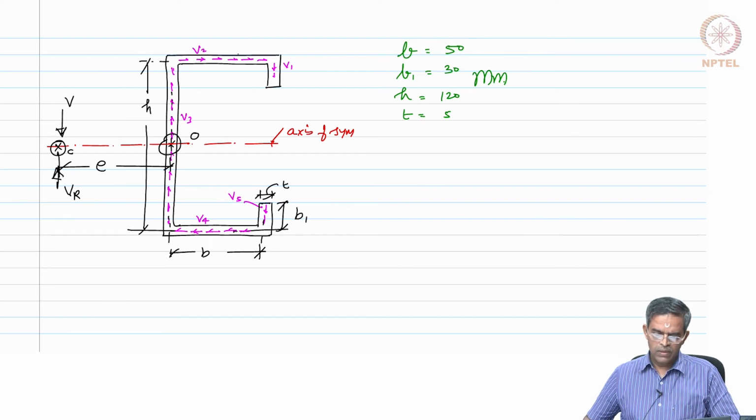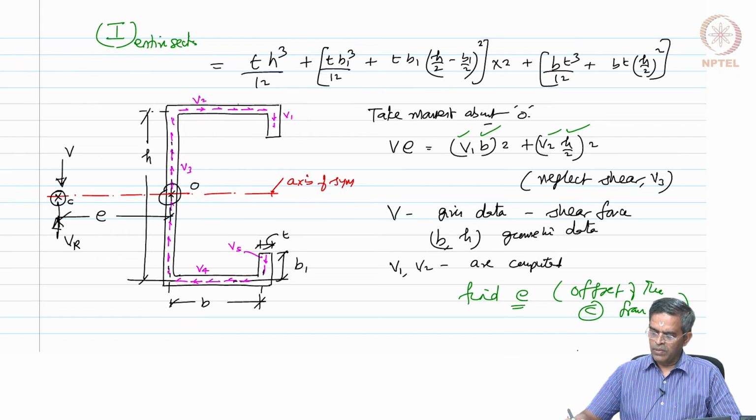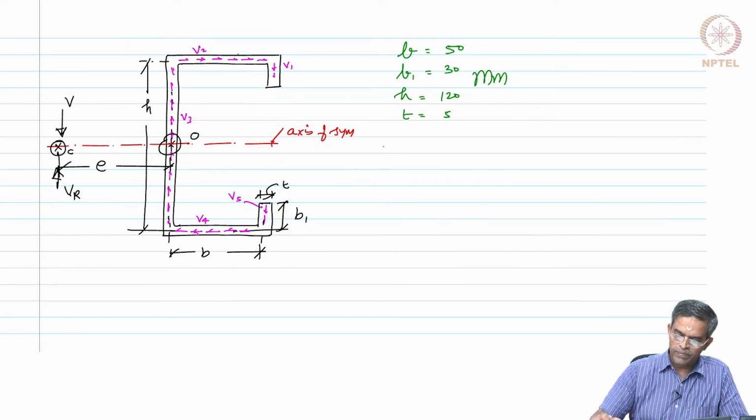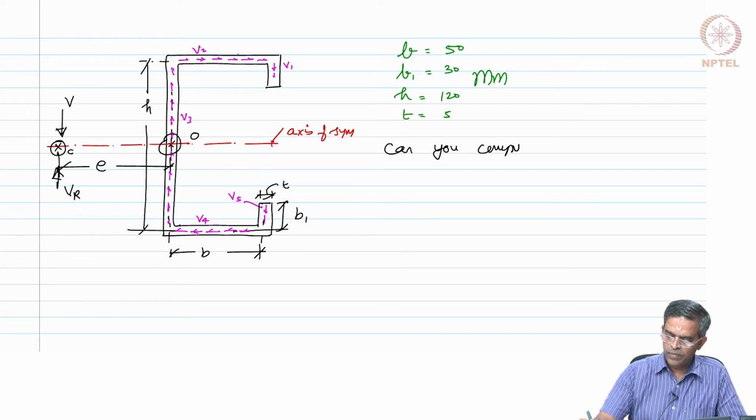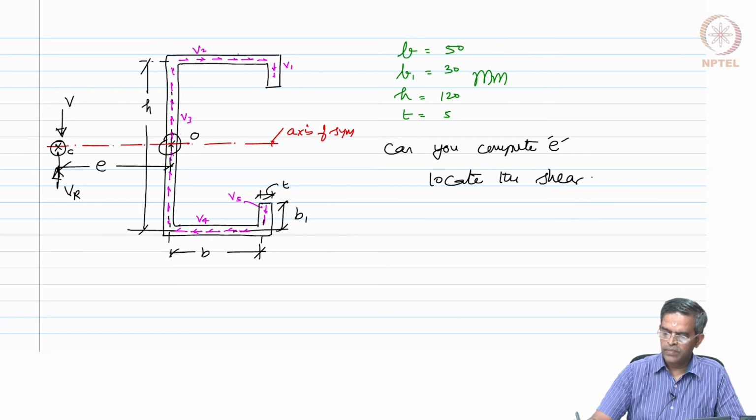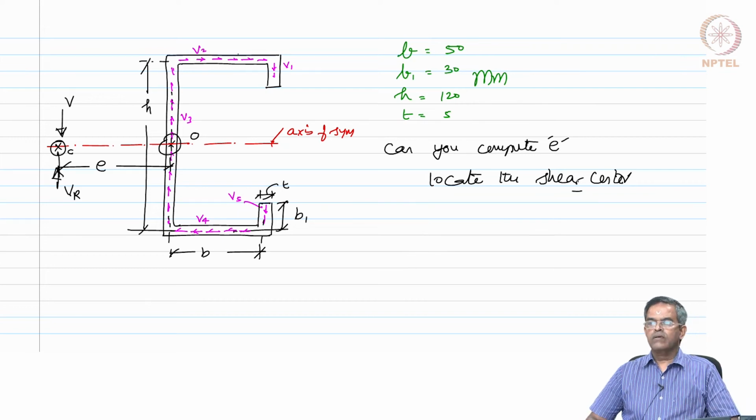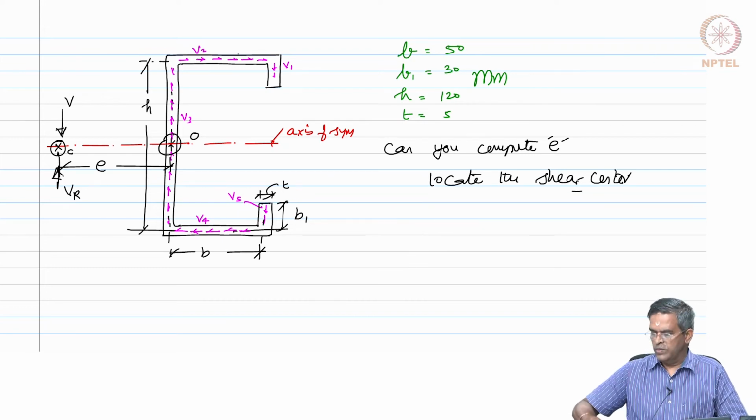All dimensions are given. So, I know all dimensions. Can you compute e? Therefore, locate the shear center. It is a very straightforward problem, there is no issue in this.